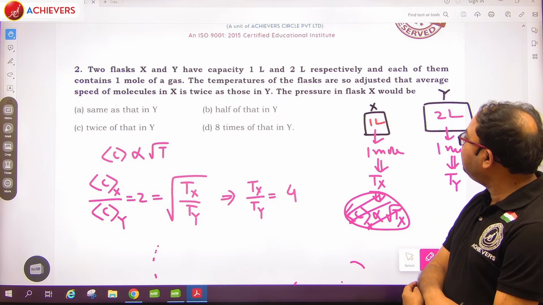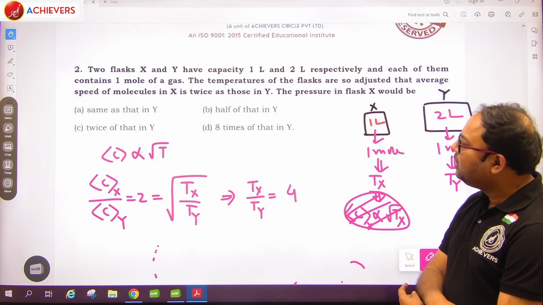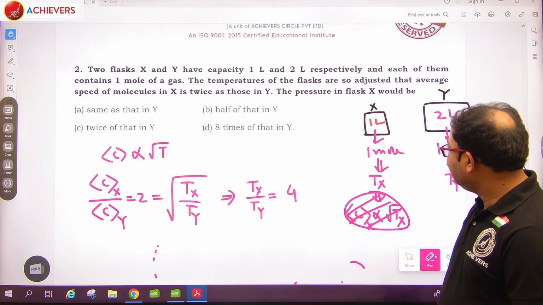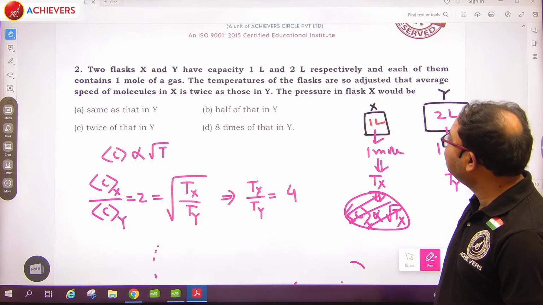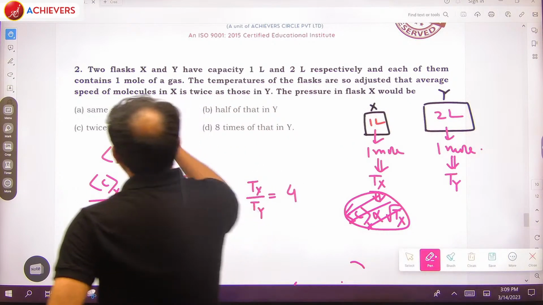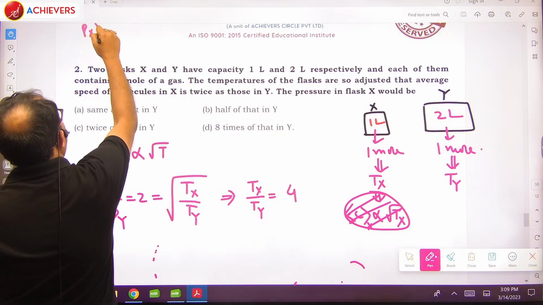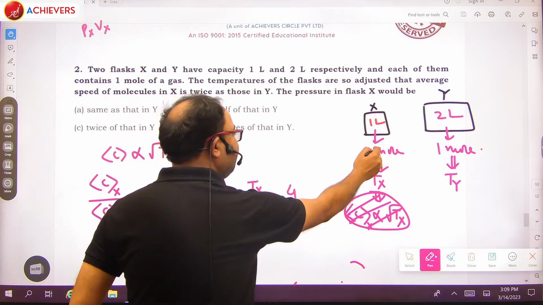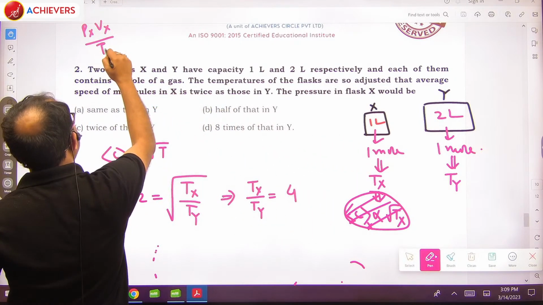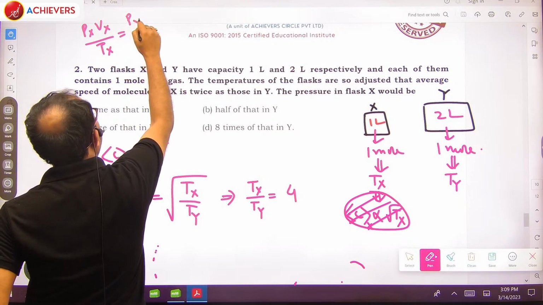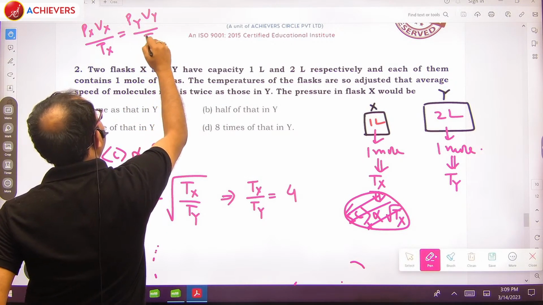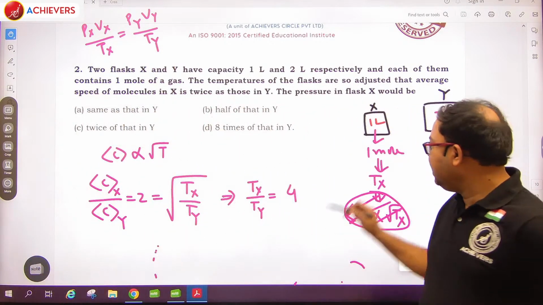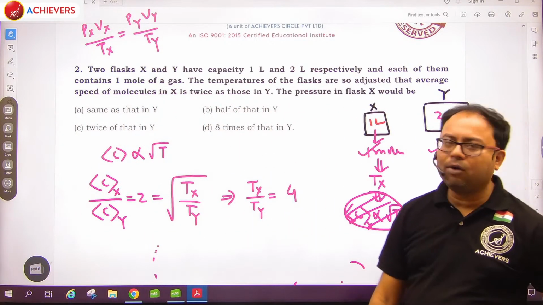So what would be the pressure in flask X? It's very simple. Here I've got the same number of moles, so PxVx by Tx equal to PyVy by Ty. As the number of moles is the same, you can always apply this.